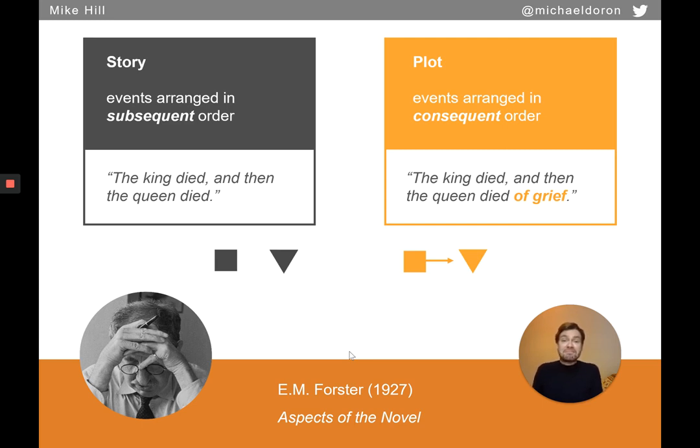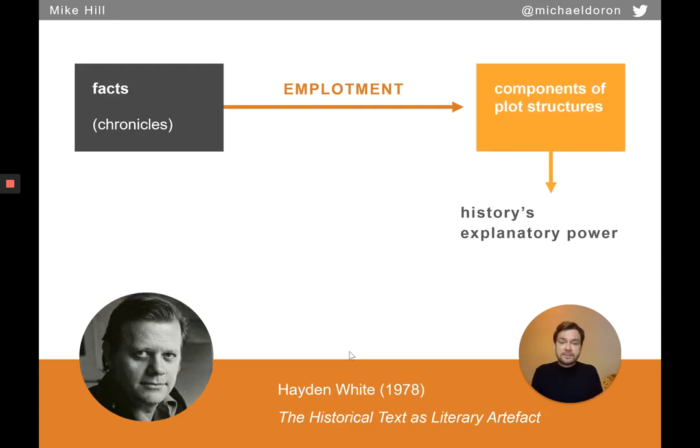Now, you might think that's all well and good and sort of interesting, but how do you apply it to history? Someone who's applied very similar categories or terms to history is the historian Hayden White.